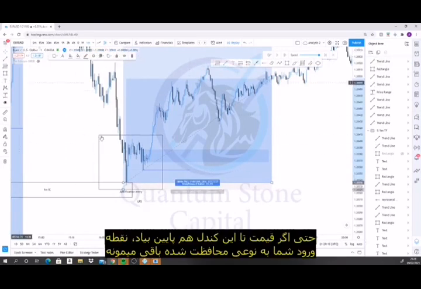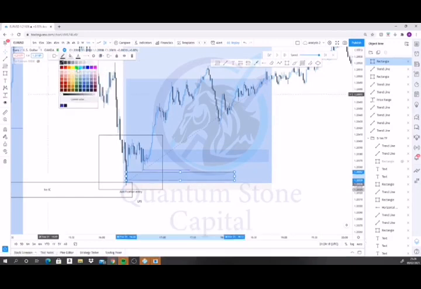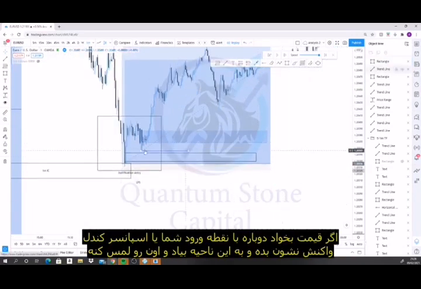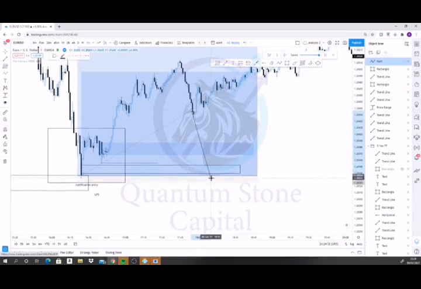and possibly wanted to even come to this candle here, your entry is still protected in the sense that if price, let's change this quickly, if price wants to mitigate with your entry or sponsor candle once more and it comes to this region here and it sort of taps around this region here, you're still safe.